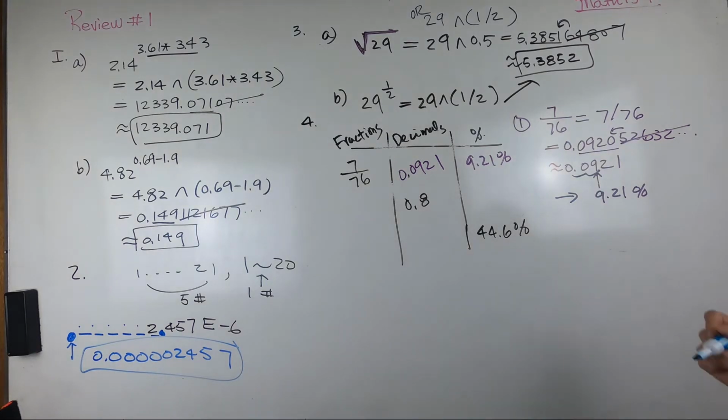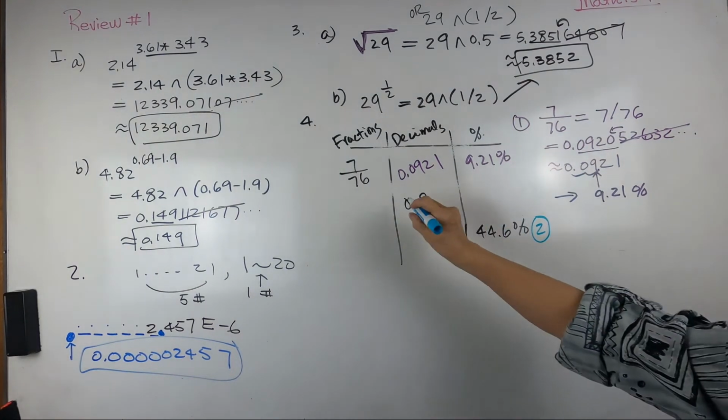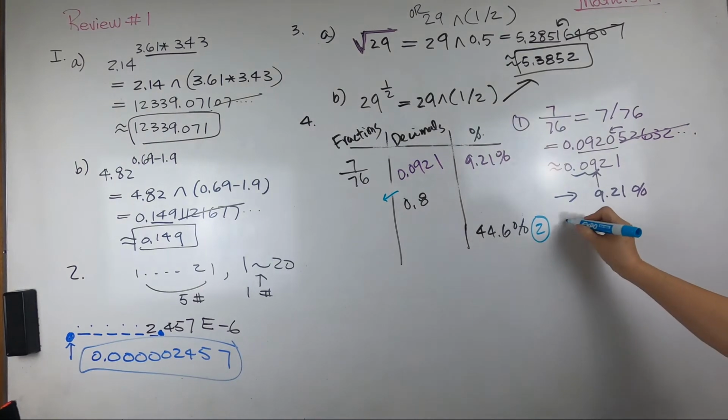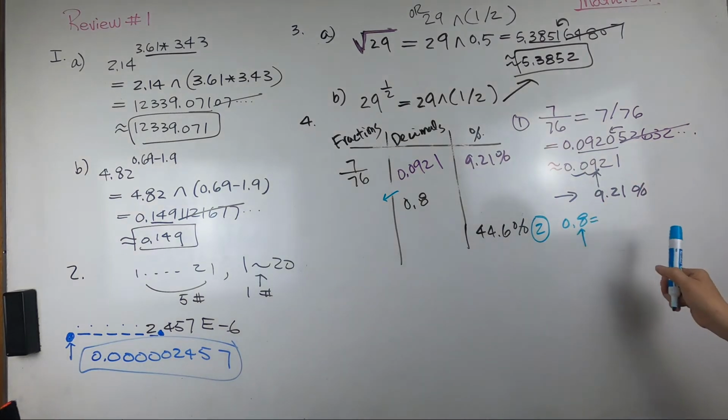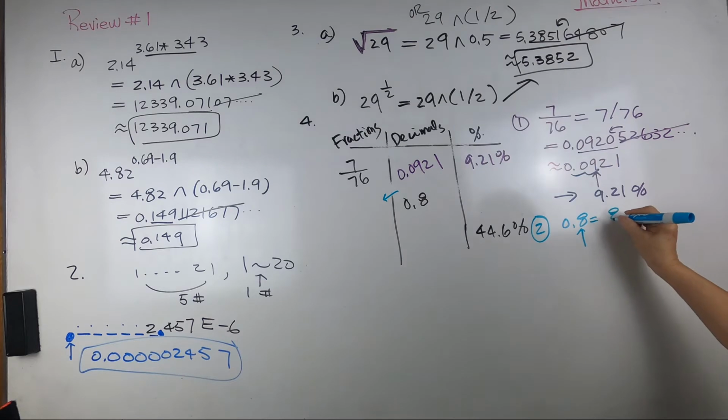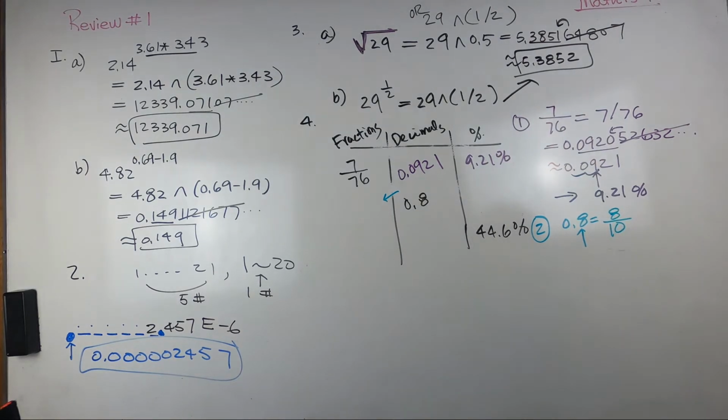Okay. For the second one, 0.8. How do you change 0.8 to a fraction? So decimal to fraction: tenths, hundredths, thousandths. Remember your positions? This is a tenth, meaning the 8 is in the tenths position. But if you give me this answer, you only get half credit. Why? Because for fractions, you always use simplest form.